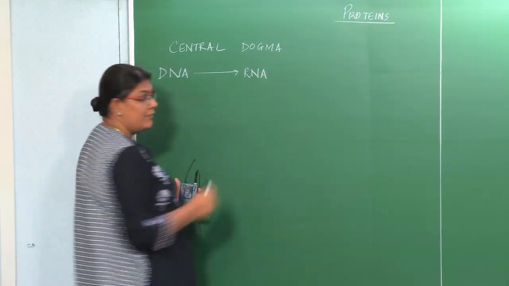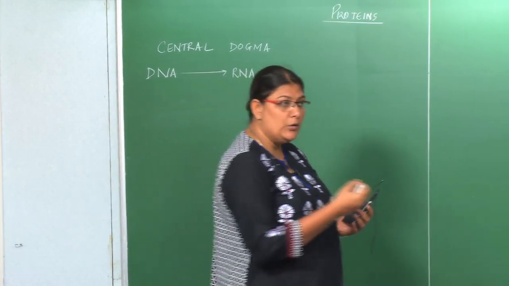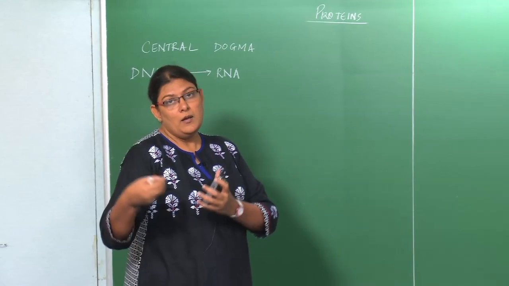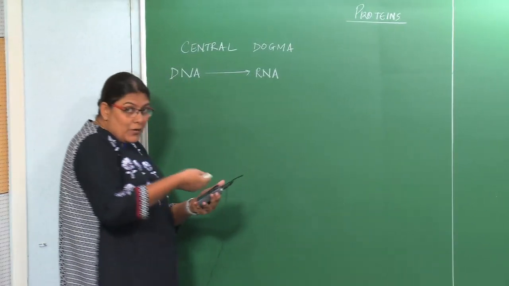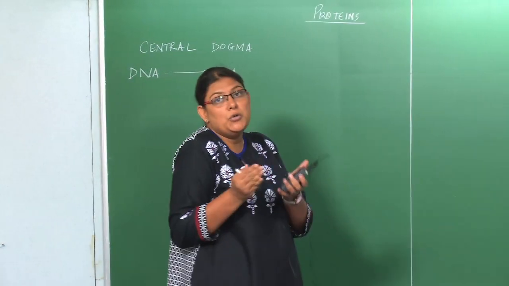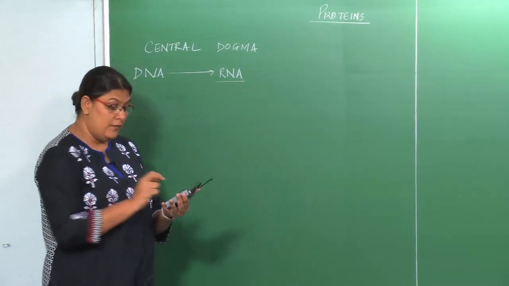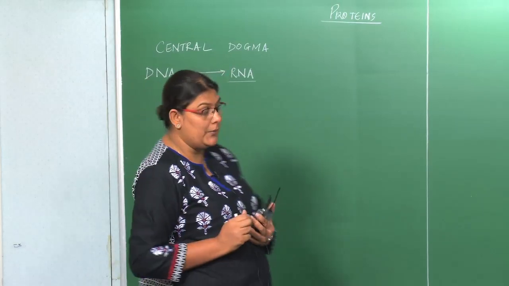Imagine like this, you have an instruction manual which has got a series of recipes and you need to pick out one specific recipe to prepare, let us say, a protein. Now, this process of copying the recipe from the instruction manual into cue cards, right. So, this RNA is like your cue card in which you are going to note down the recipe for the synthesis of a particular protein.